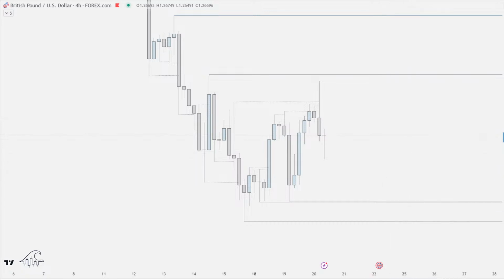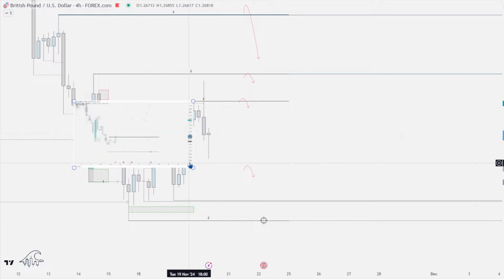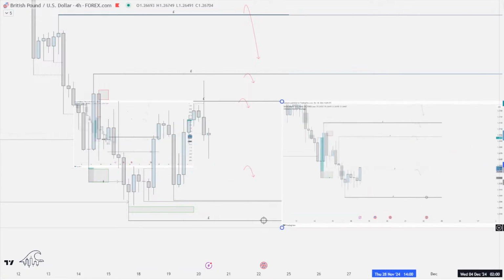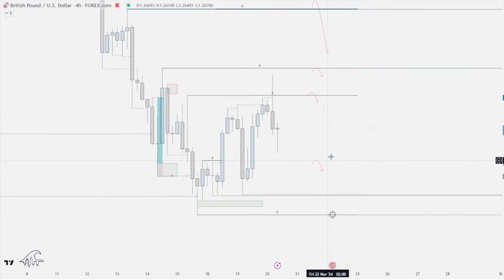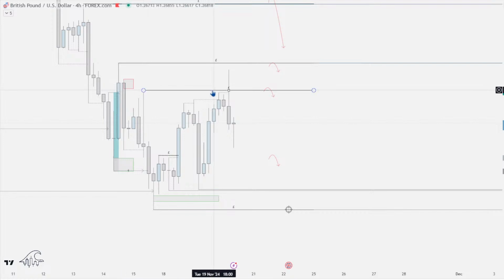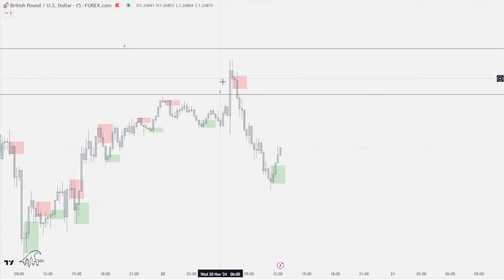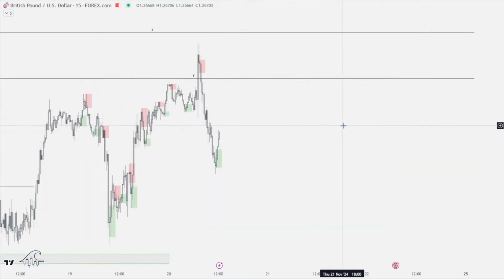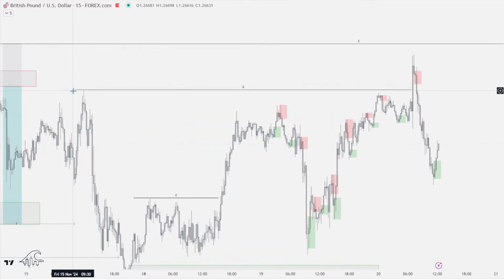Okay, for some reason I can't copy the image. Oh, it's because of this. Yeah, we're calling for the sweep. So we know we had that sweep. Price action swept the high, came down to the 15-minute, and we called out this area as well this morning. Notice how that point was taken out.